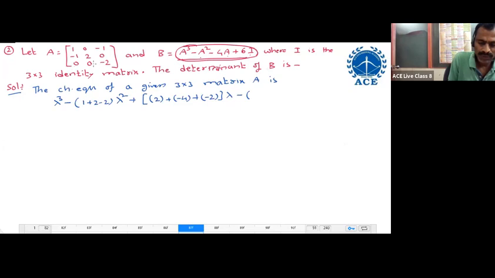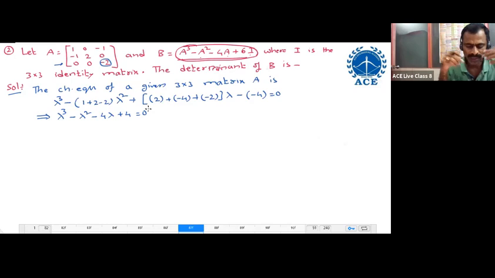Along the last row we have more zeros, so we expand along the last row: minus 2 into delete the corresponding row and column, 2 minus 0, minus 2 into 2 minus 4 equal to 0, which implies lambda cube minus lambda square minus 2 plus 2 minus 4 lambda plus 4 equal to 0. This is the characteristic equation.